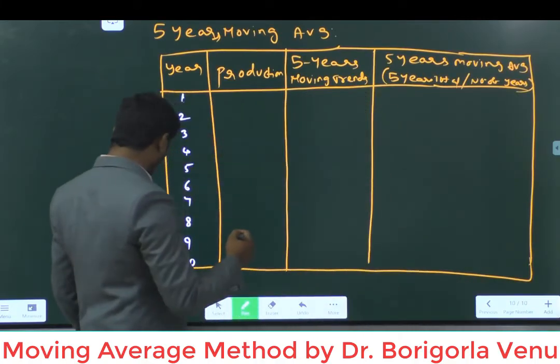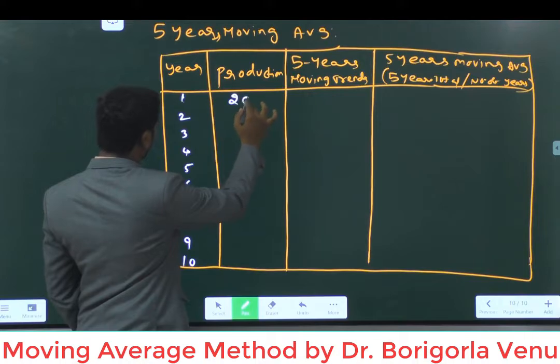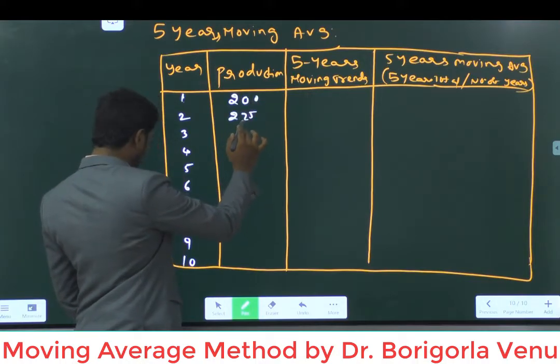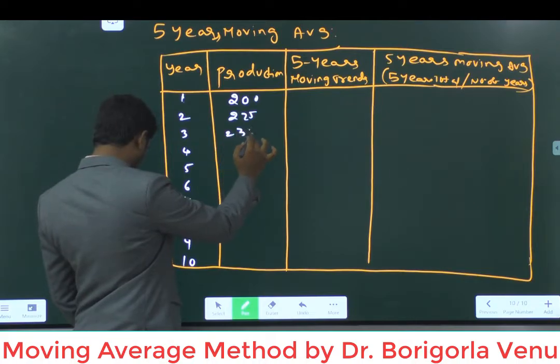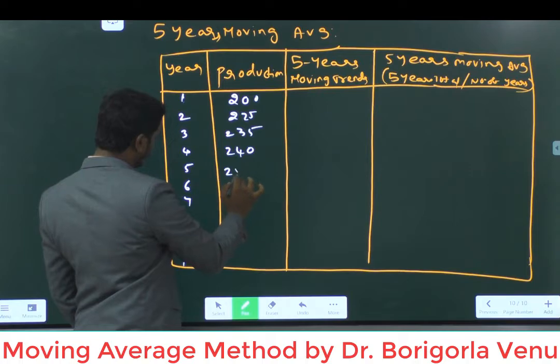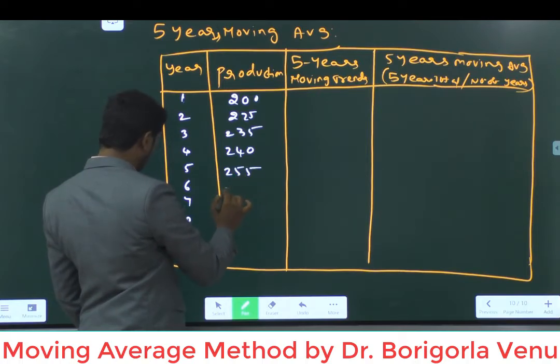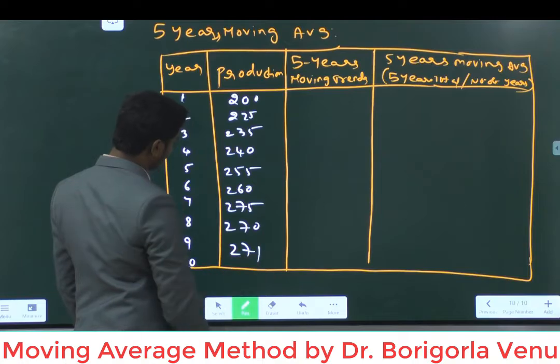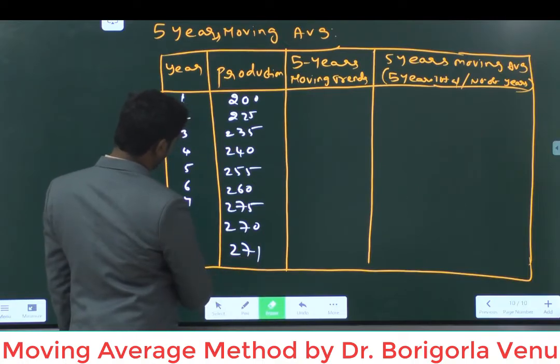So I am going to take the same values: 200, 225, next 235, 240, 255, and 260, 275, 270, 271. This is the 9 years average.